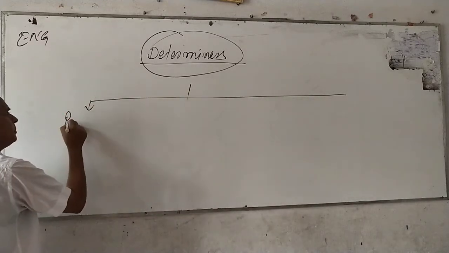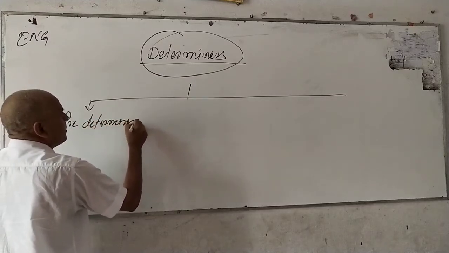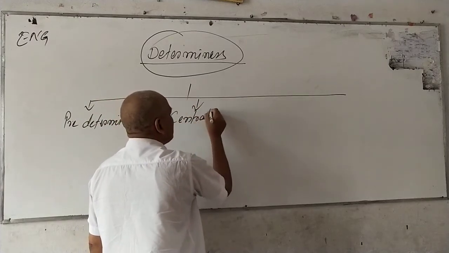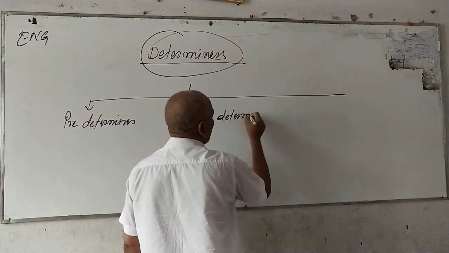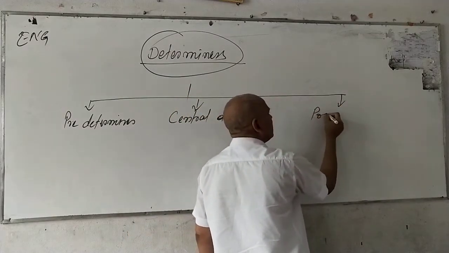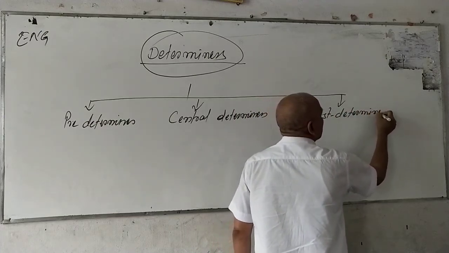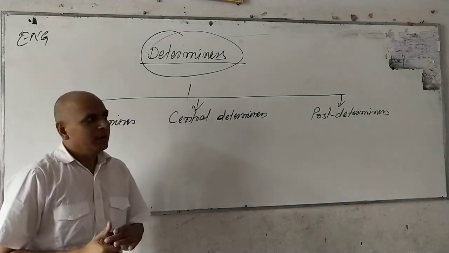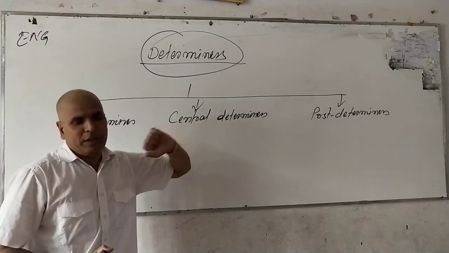Number 1, pre-determiners, central determiners, and post determiners.